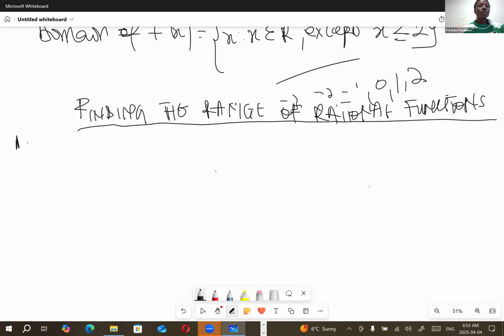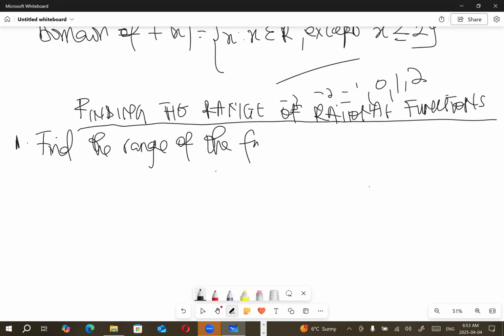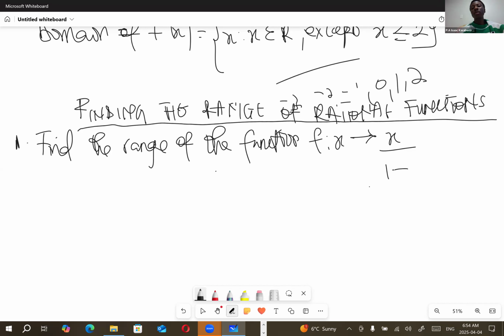Illustrative example: find the range of the function f of x equals x over 1 minus x.